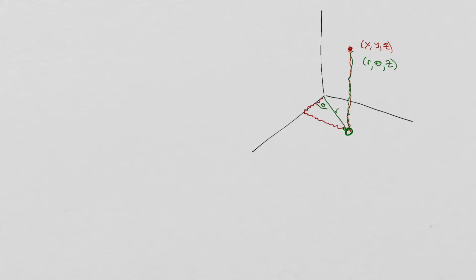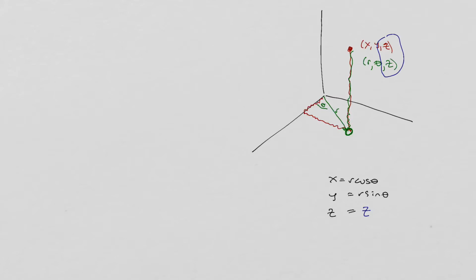And if we mess around with this, we can do the same substitutions: x is equal to r cosine theta, y is equal to r sine theta, and z is equal to z. Not the most dramatic change, but that's the way we're going to do this.